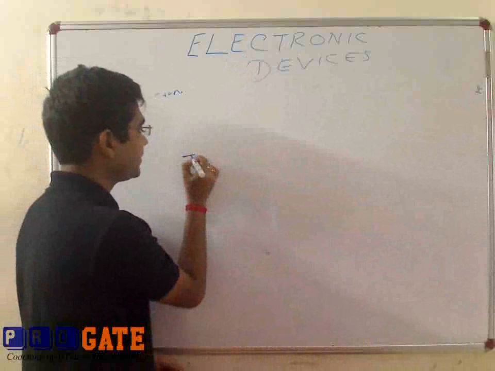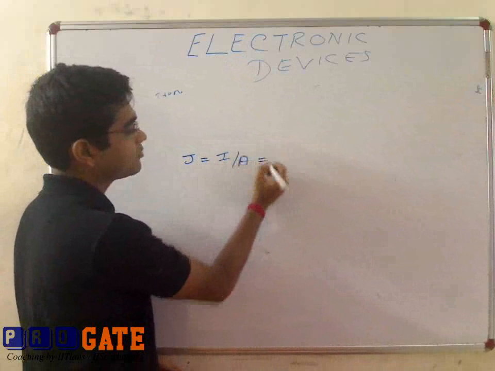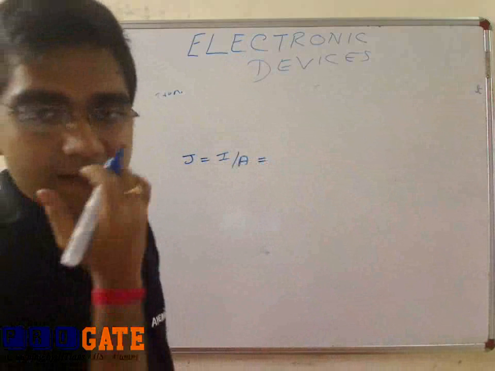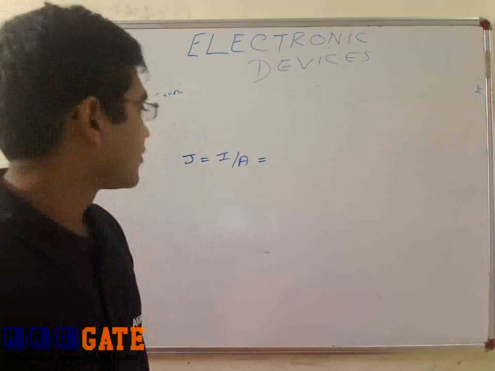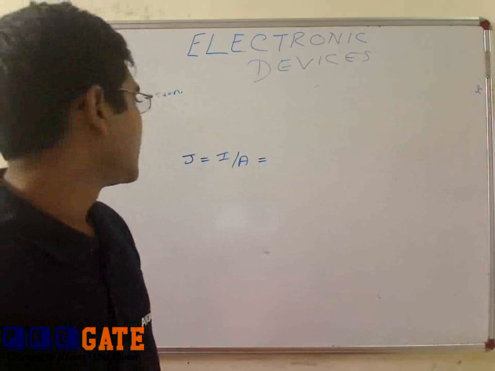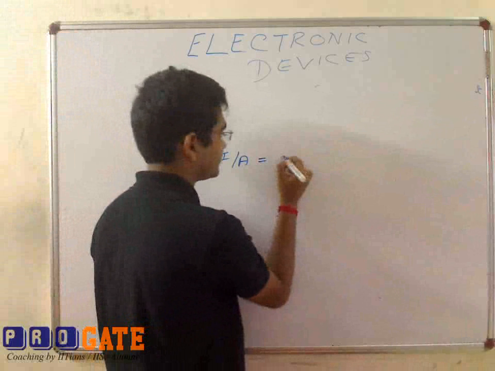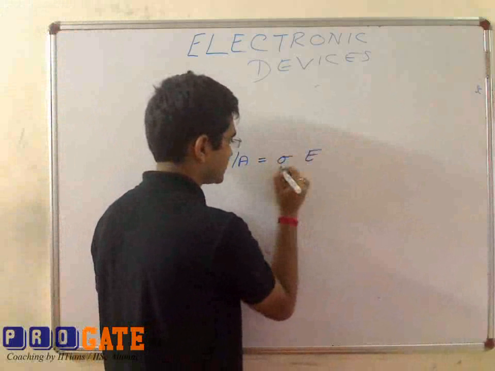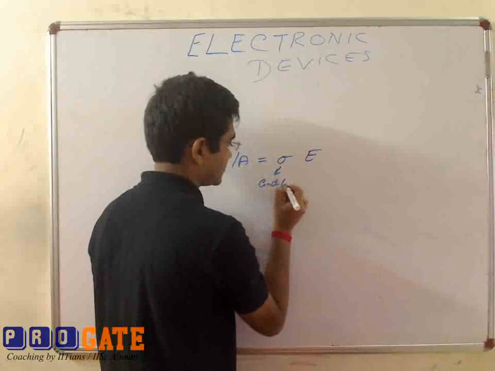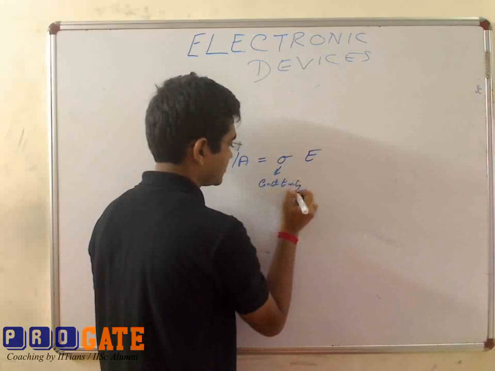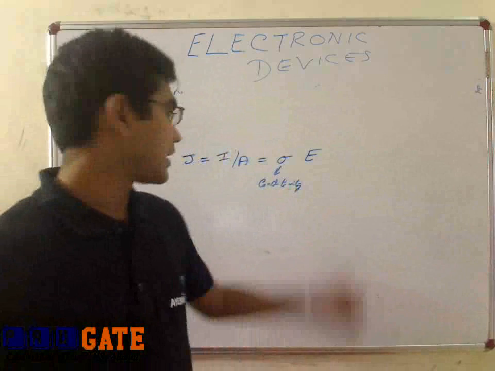Current density is defined by J and is given as the total current flowing through a particular cross-sectional area. Now, according to Maxwell's equation, current density is given by sigma E, where sigma is your conductivity. I will come to these things later.